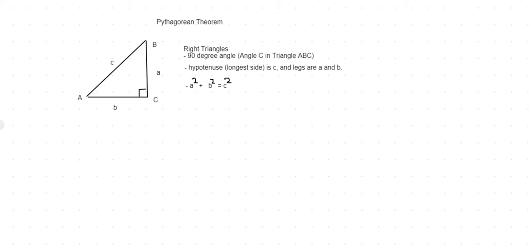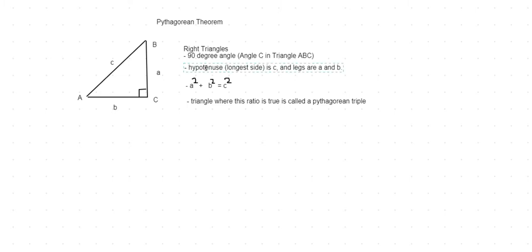Now, a triangle where this ratio is true is called a Pythagorean triple.